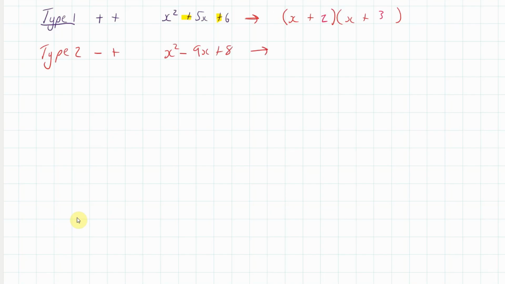Okay, now the second plus tells you that you've either got 2 minuses or 2 pluses, because it's the last times the last. Okay, so to get a positive number here, you either have a minus times a minus or a plus times a plus. And the fact that you've got a minus here tells you that you must be dealing with 2 minuses.